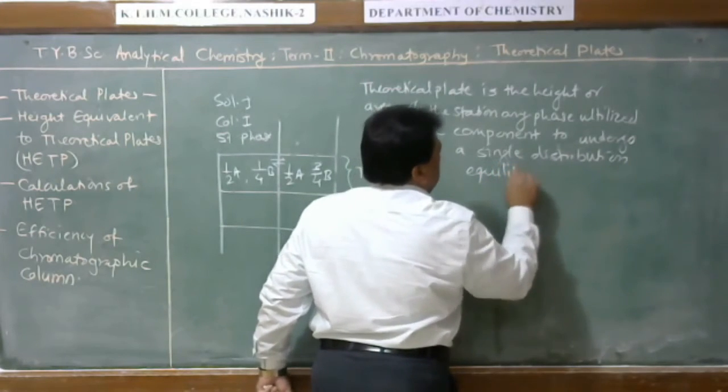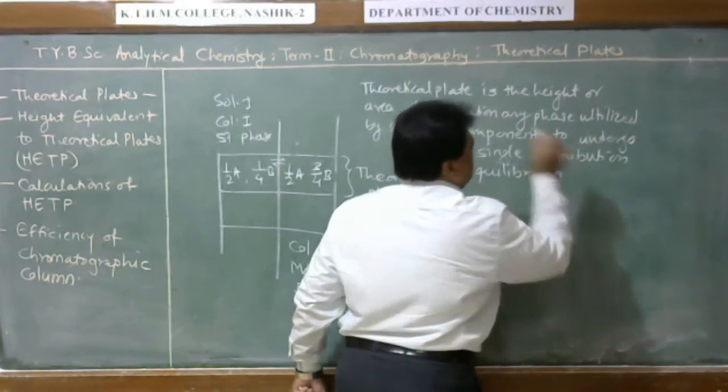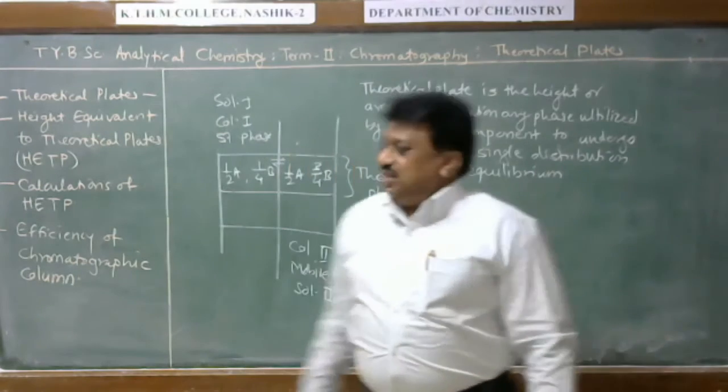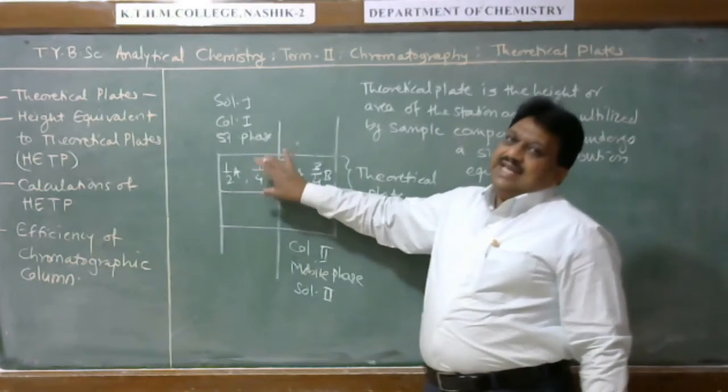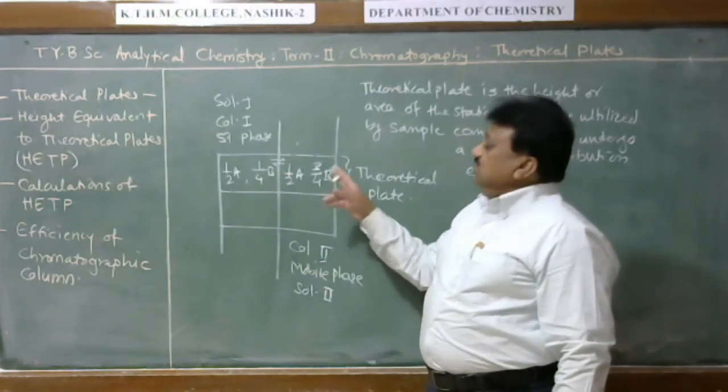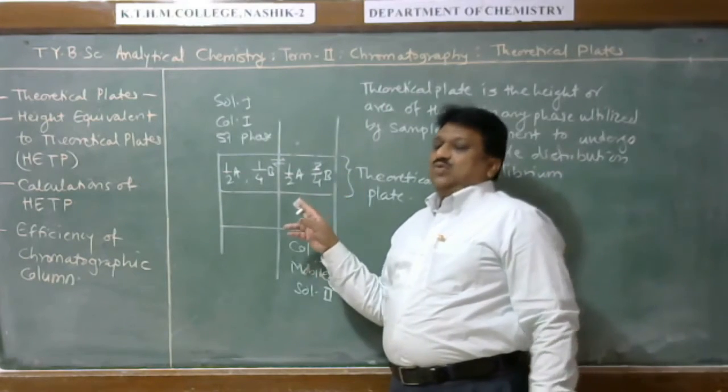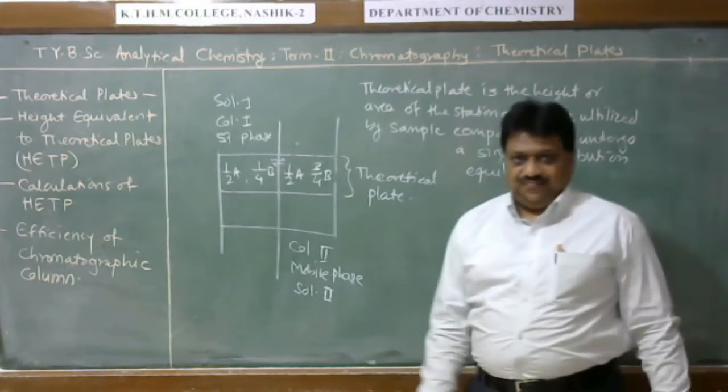This area is called a theoretical plate. Therefore, a theoretical plate is an area of stationary phase which is utilized by the sample component for its distribution.